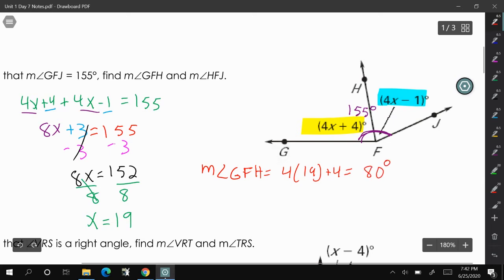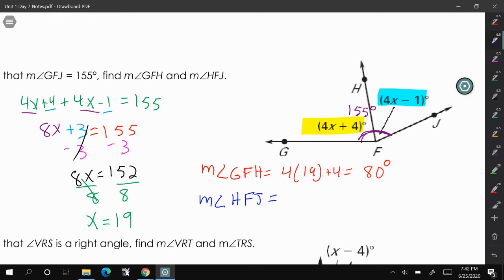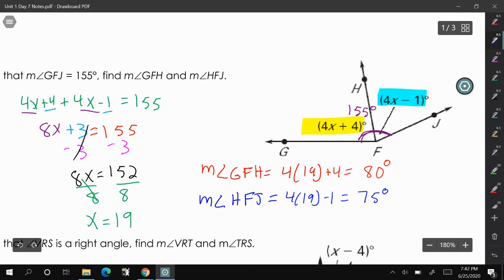Make sure you have your units on here. Angles are measured in degrees. Then the measure of angle HFJ is equal to, let's do it this way, we can do 4 times 19 minus 1, and that gives us 75 degrees.